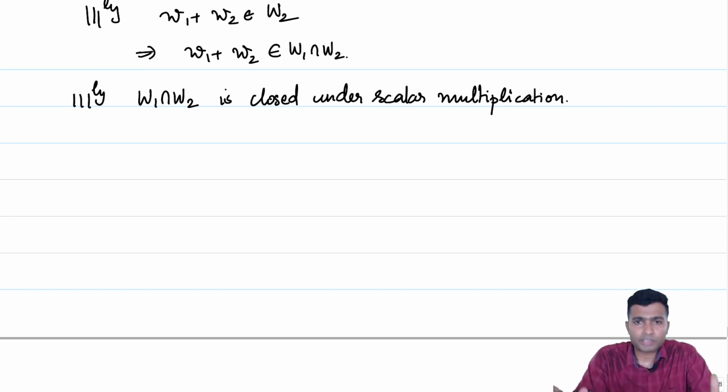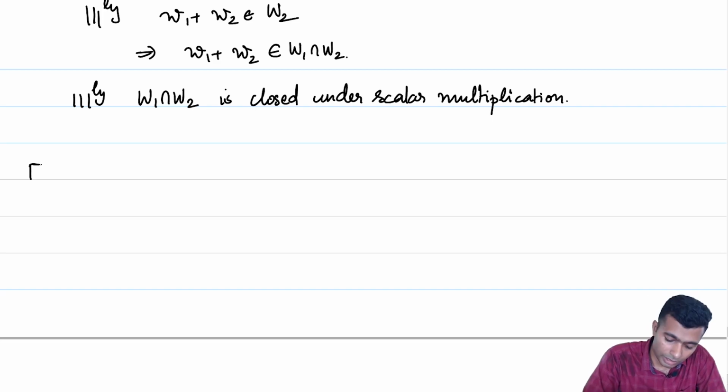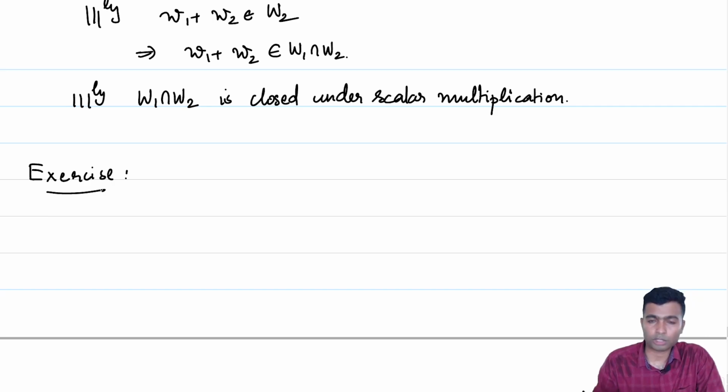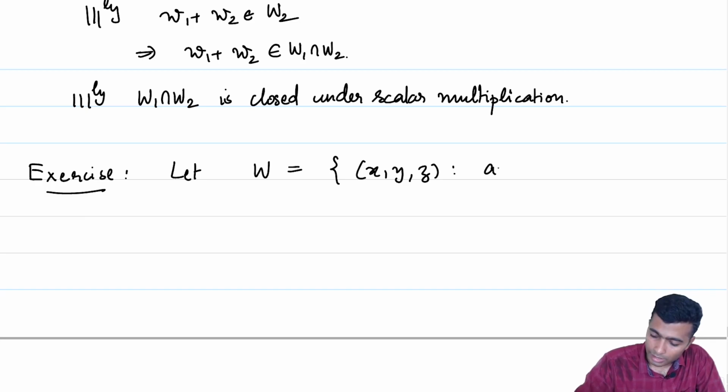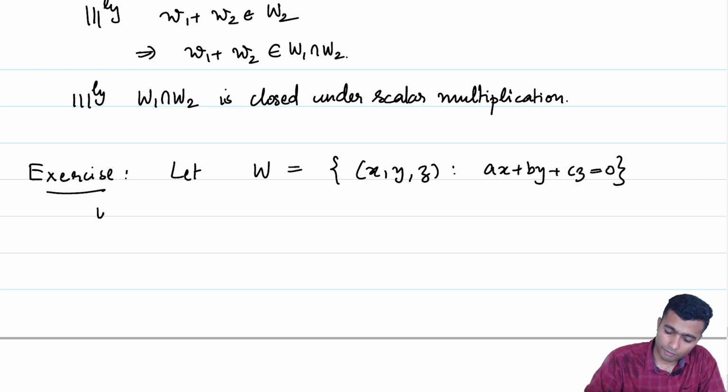So, now we have plenty of examples of vector spaces, and after developing the notion of a vector subspace, I will just conclude with an exercise for you which will give you plenty more examples of subspaces. Let W be the set of all x, y, z such that Ax plus By plus Cz is equal to 0, where A, B and C are scalars.